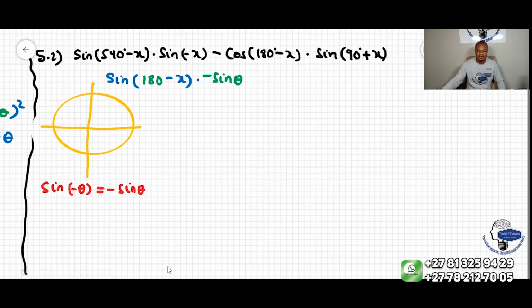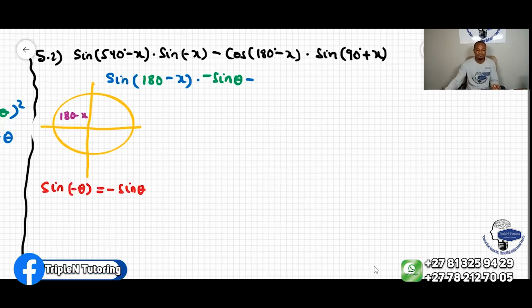Then minus cos of 180 minus x. Now we look: 180 minus x is in the second quadrant. We ask ourselves how cos behaves in the second quadrant. We know cos is positive only in the first and fourth quadrants.